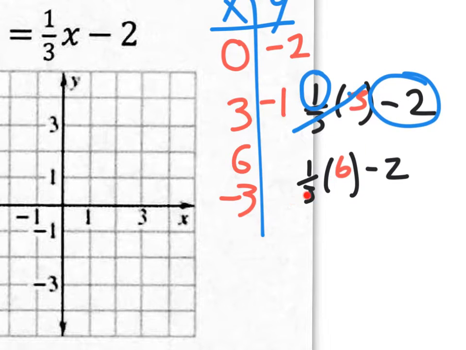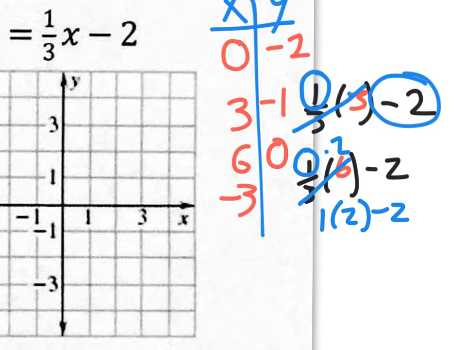They cancel out and you get a 2 left over up on top. Yeah, you simplify. So what we really have is 1 times 2. So let me write that. 1 times 2 minus 2. What's 1 times 2? And what's 2 minus 2? 0. So when you have the input 6, you get the output 0.